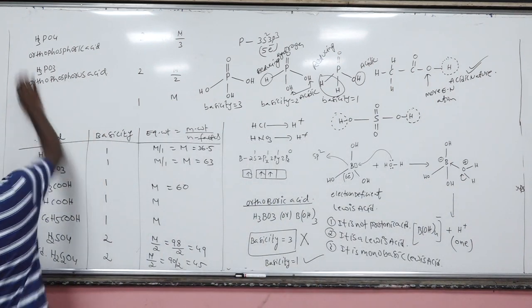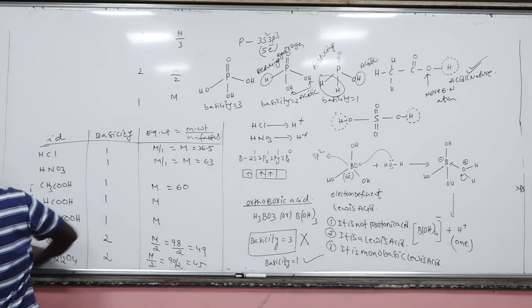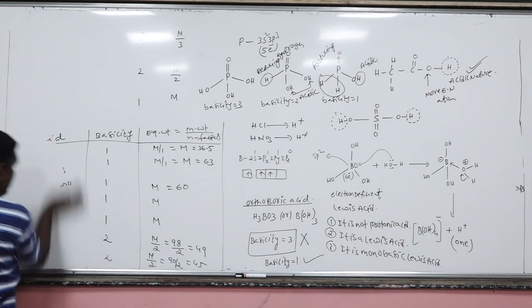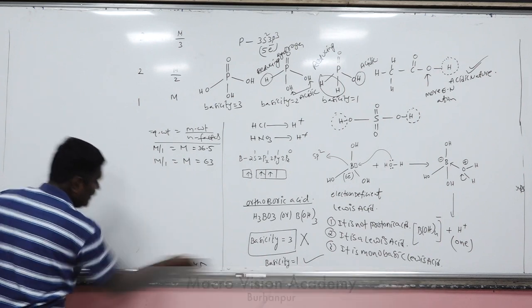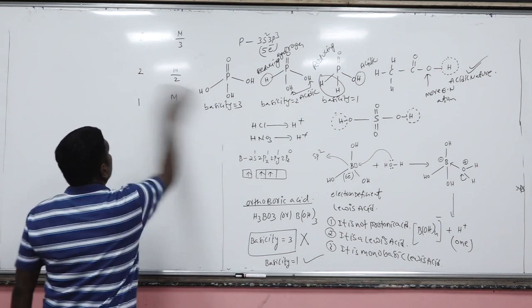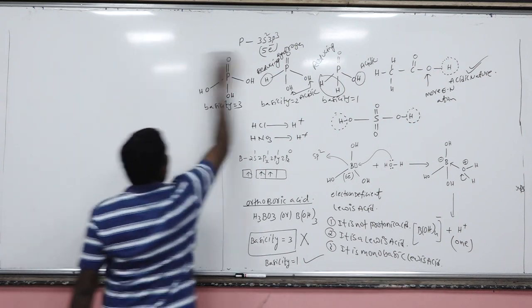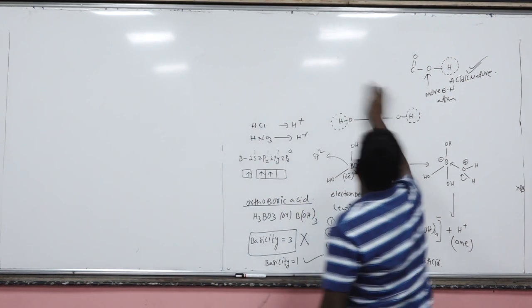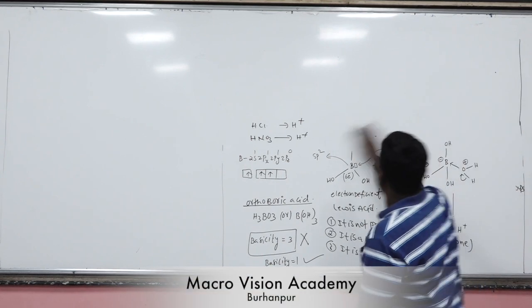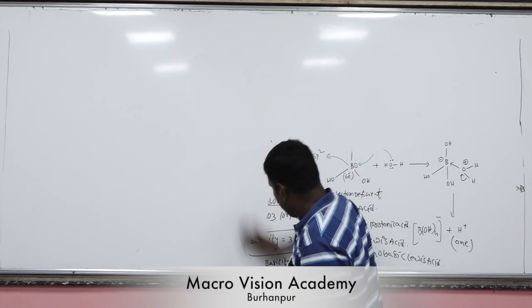Now we know how to calculate the n factor or basicity of a given acid. After that, next one, bases. How to calculate the equivalent weight or n factor of a given base?